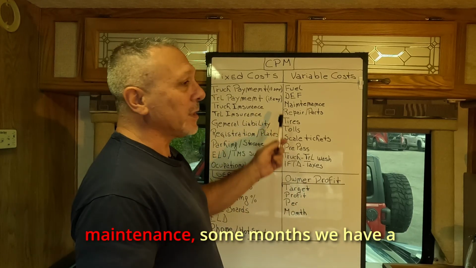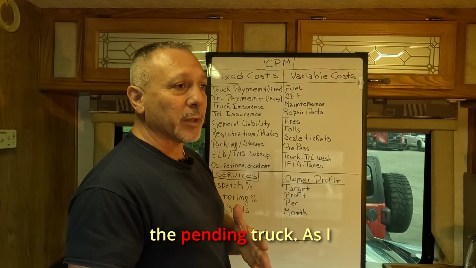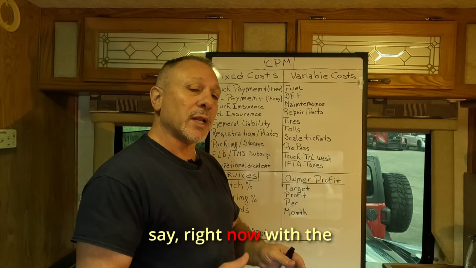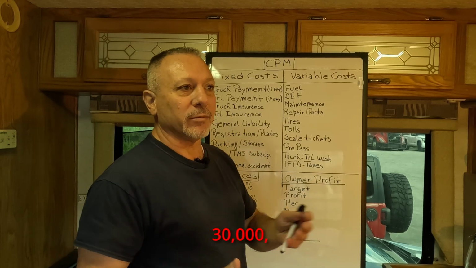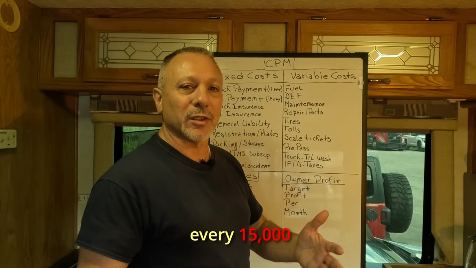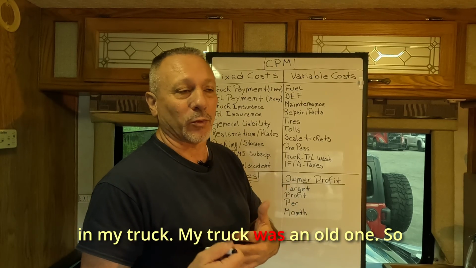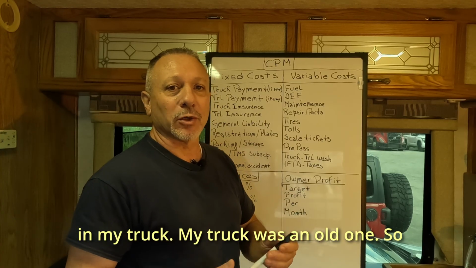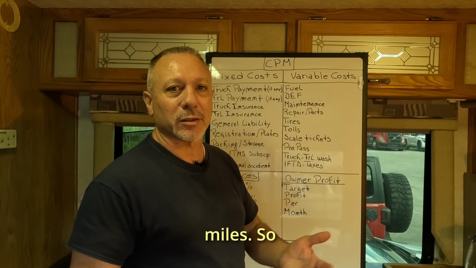So, maintenance. Some months we have a lot of maintenance, some months not, it depends on the truck. As I say, right now with the brand new trucks, oil change every 30,000, not like old trucks every 15,000 or 10 or 12,000. My truck was an old one, so I made my oil change every 12,000 miles, so every month.